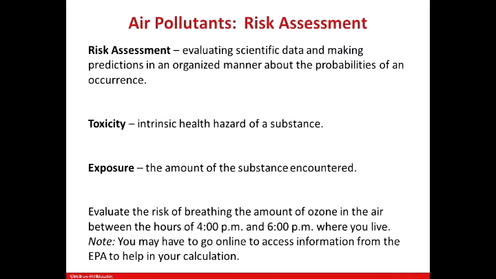So you can have something with a known health risk, but if you're not exposed to it, it's not a risk to you. So when we do the risk assessment, we know, for example, carbon monoxide is the silent killer, and we know that it's dangerous. We know that we avoid heavy exposure to carbon monoxide.